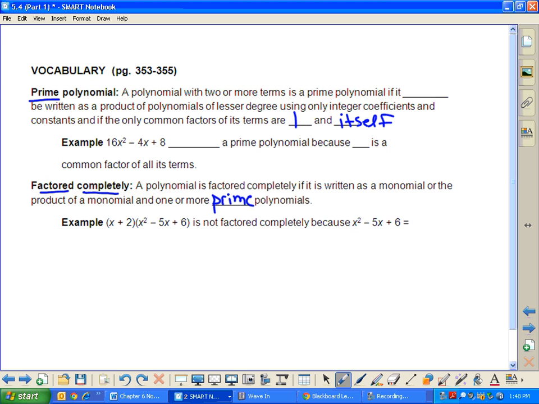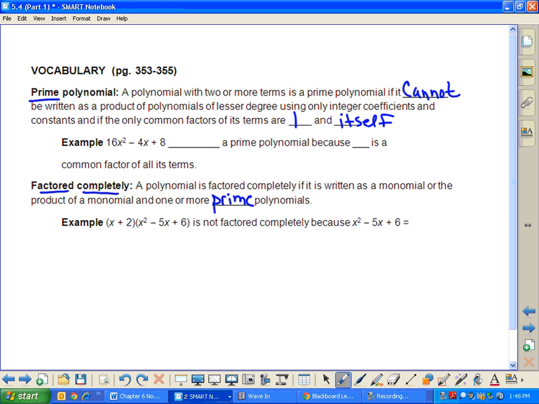Well, same thing here. A prime polynomial is a polynomial with two or more terms. It's going to be prime if it cannot be written as a product of polynomials of a lesser degree using only integer coefficients and constants. I'll show you what that means.